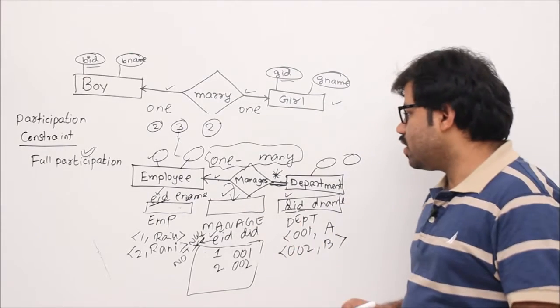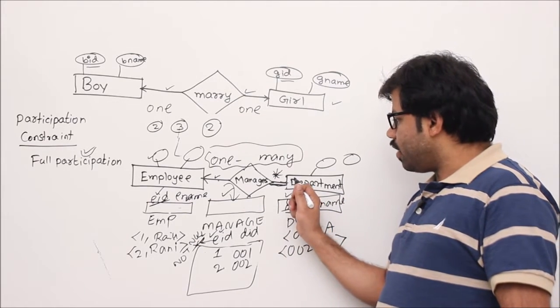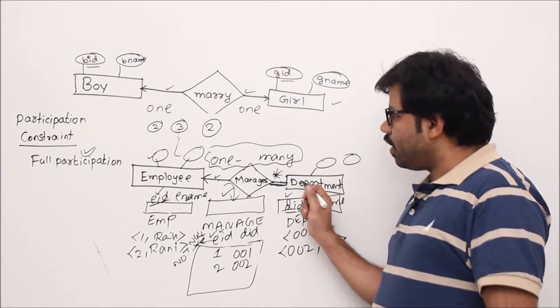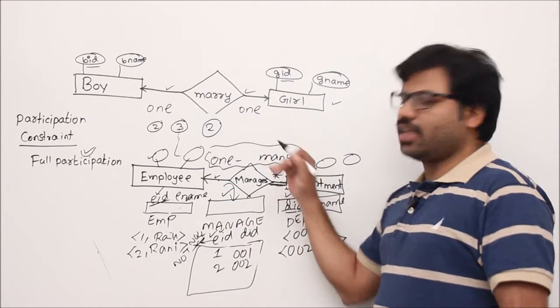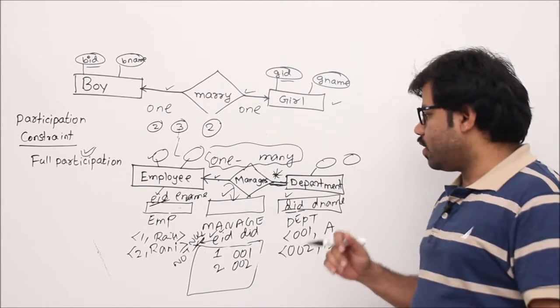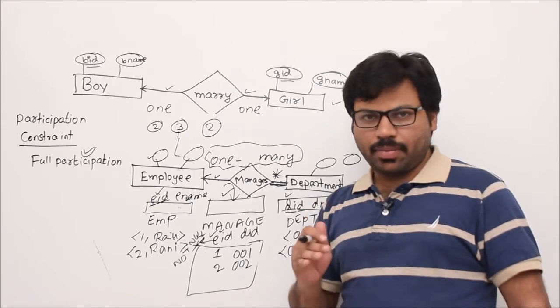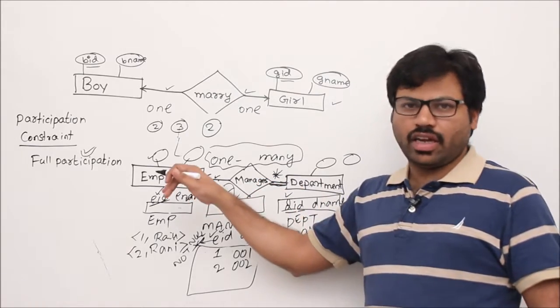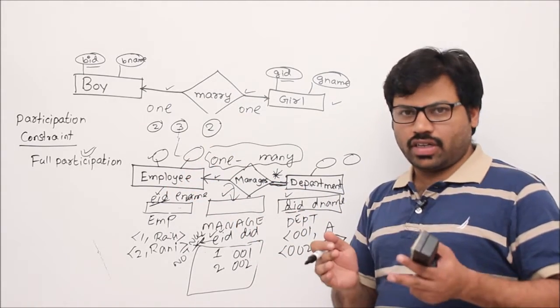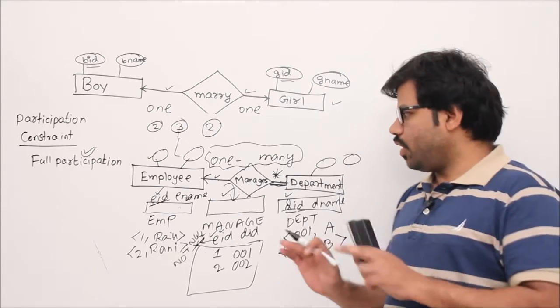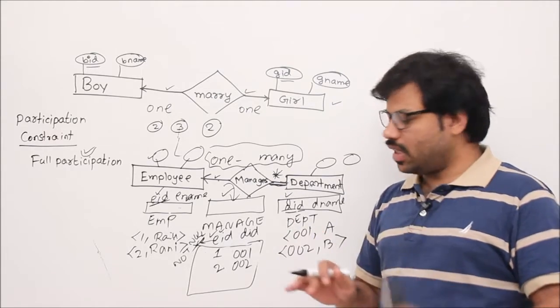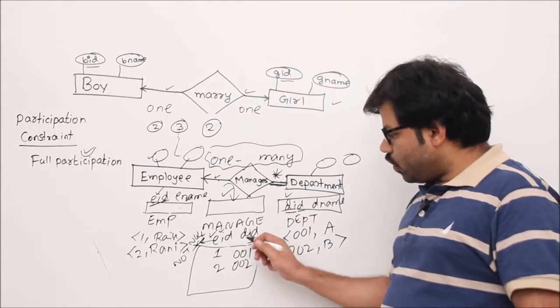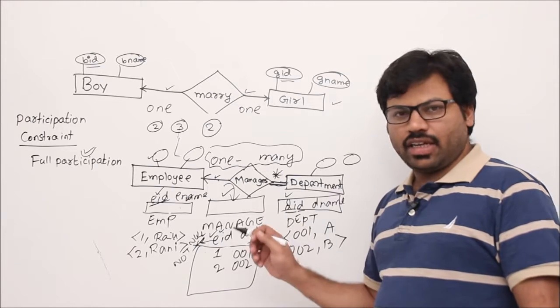Now one more issue: department and employee have a one to many relationship, correct? So how to ensure it? That means a department should not be repeated, because every department has at most one manager. How to ensure that? We have to take care of that, and then almost everything is done. See, if you don't make department ID the primary key, what happens?